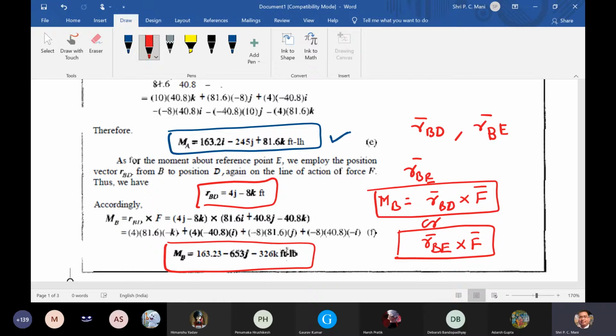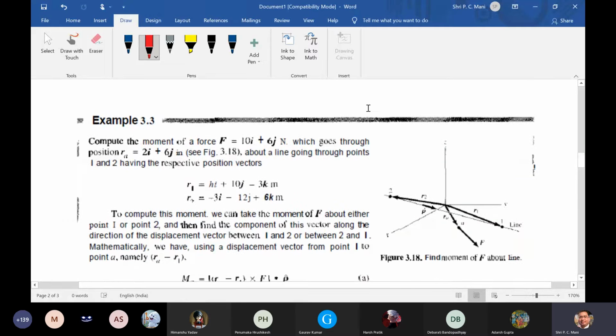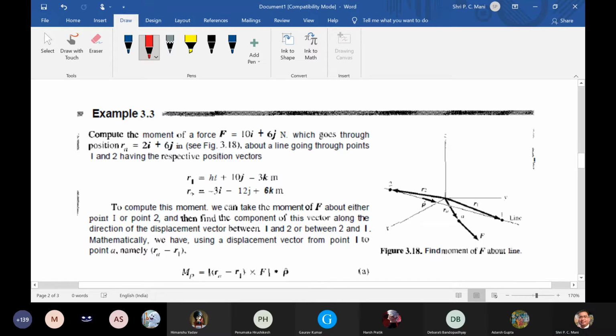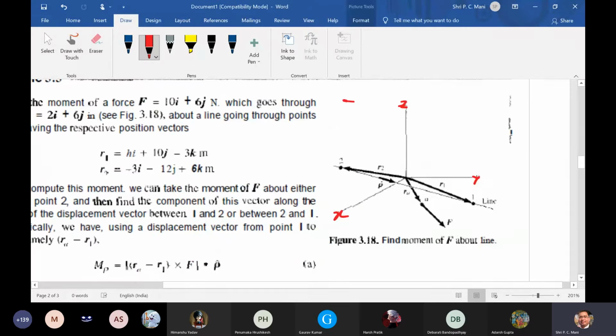Okay, now the solution for a moment about a line, example number 3.3. Here this one is the x-axis, this one is x, this one is y, and this one is z. Okay, clear?